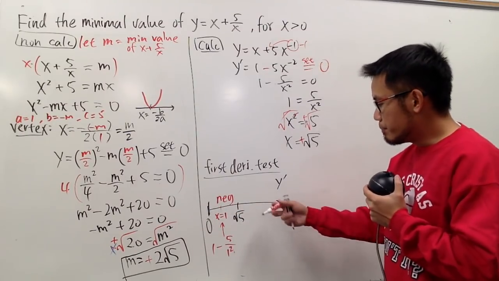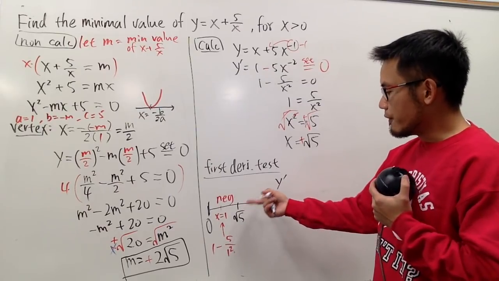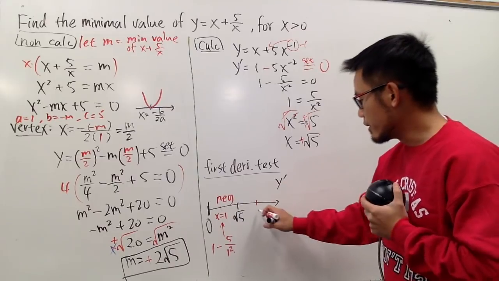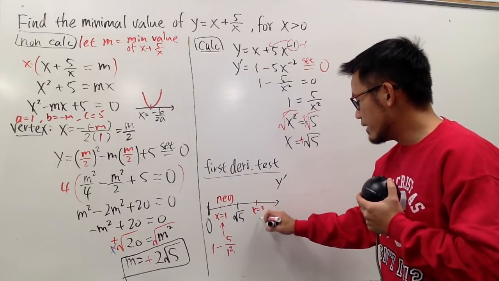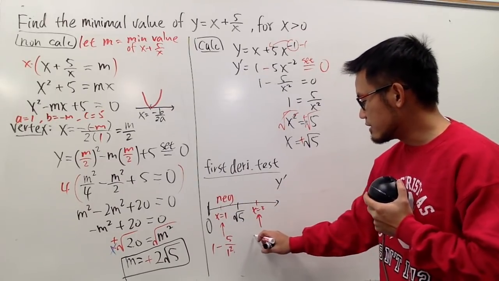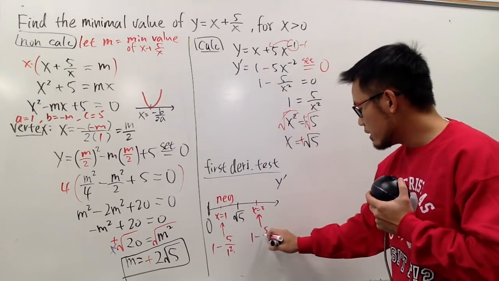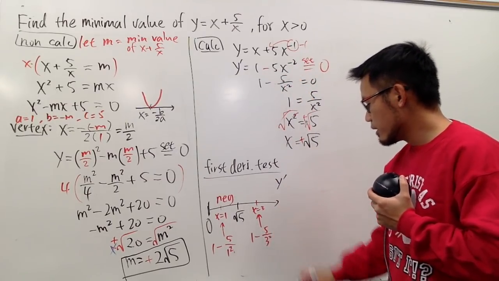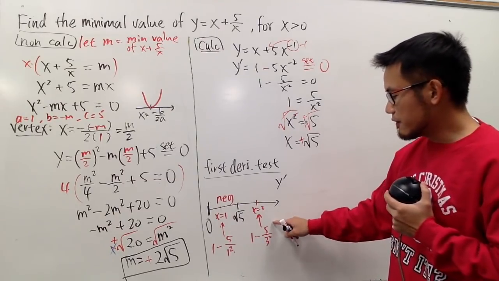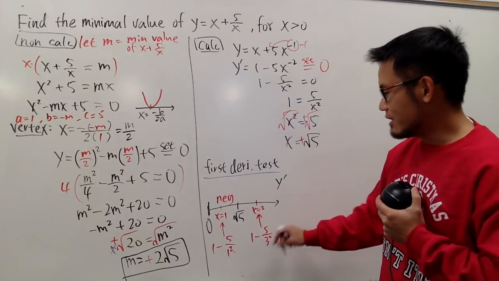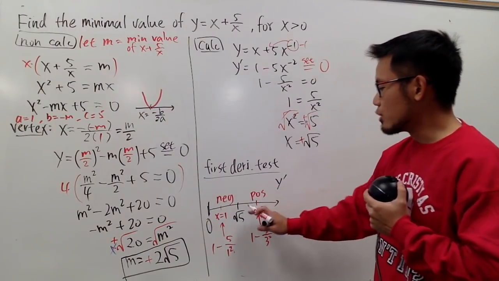And then pick a number bigger than square root of 5. For simplicity, let's say 3, for example. This is just a test value. Let's do 1 minus 5 over 3 squared. This is 1 minus 5 over 9. You get positive 4 over 9. So this is going to give us a positive derivative.